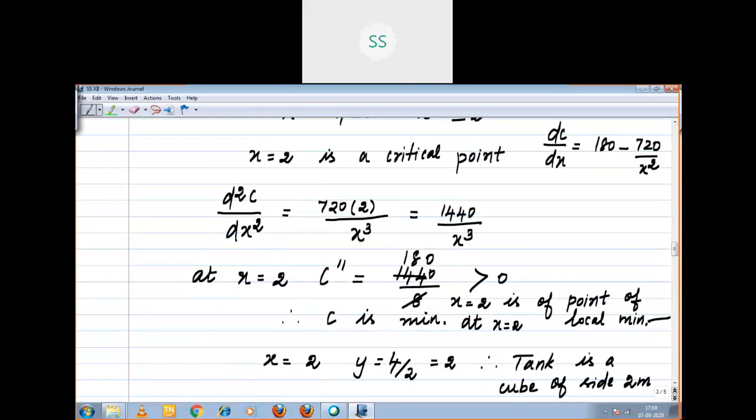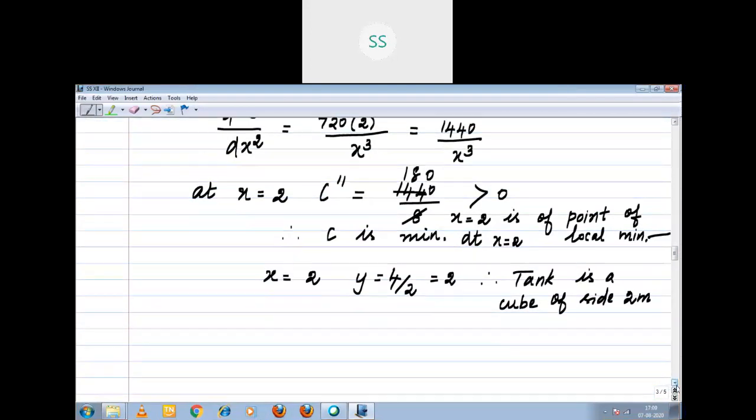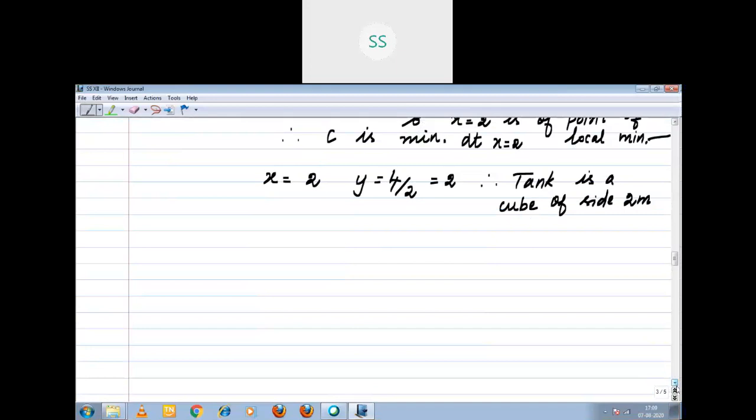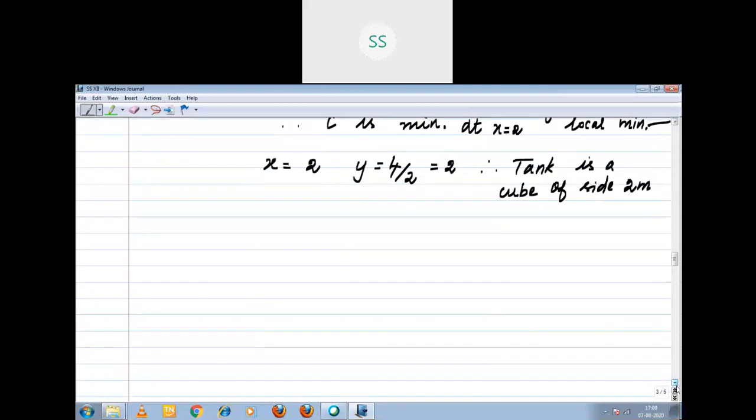Next, we want to find the least cost. Minimum we said, no? We substitute the critical point in the function.